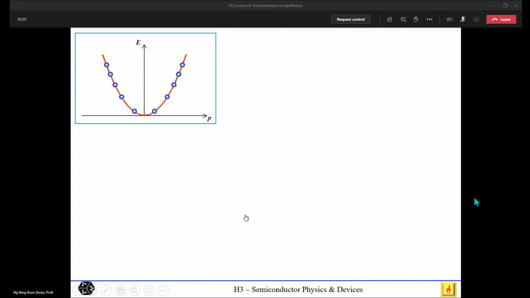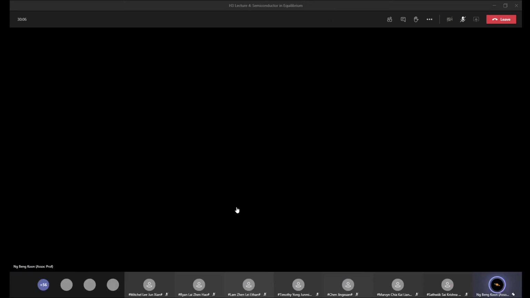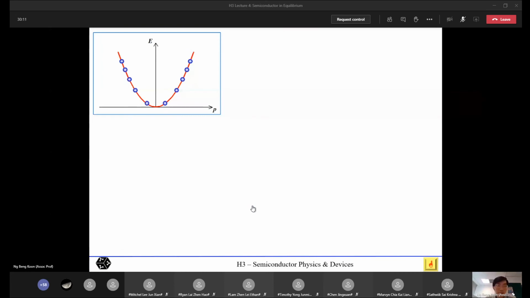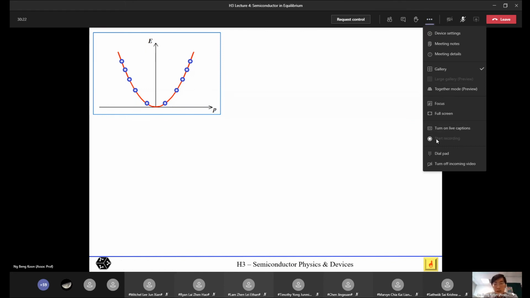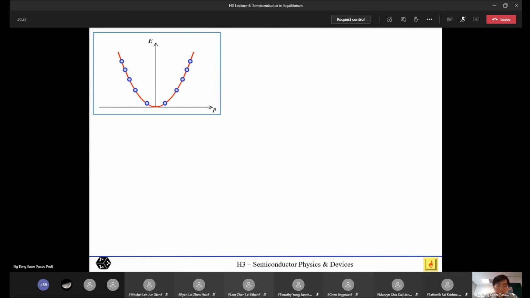Okay, so let's get started with a quick review of what we have discussed in the last lecture. We talked about the case of a free particle, like a particle in an atom. If you solve the Schrödinger equation, you find that the energy against the momentum of this electron has a parabolic relation.